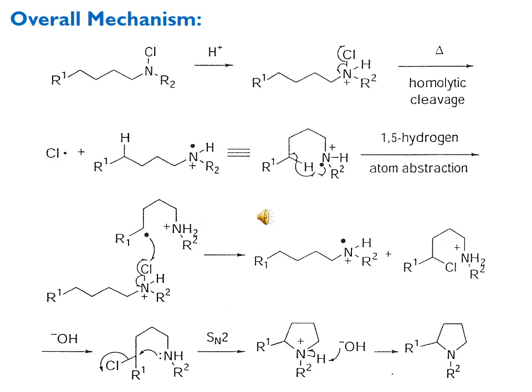Here you can see the mechanism: one electron from nitrogen moves toward the hydrogen, and the carbon-hydrogen bond is broken in such a way that hydrogen comes with its electron towards nitrogen, and we get the formation of the N-H bond.